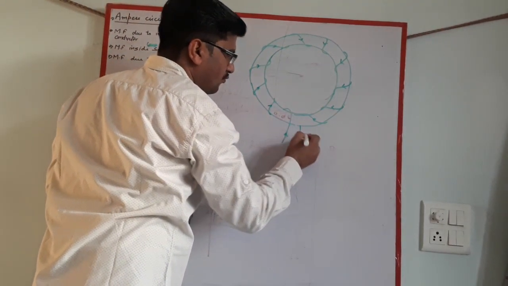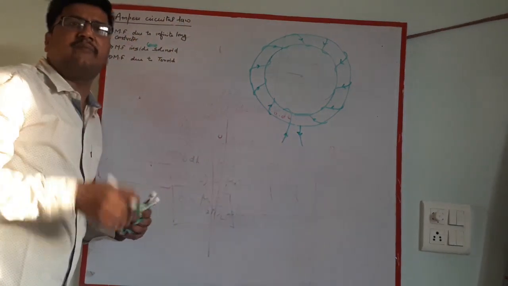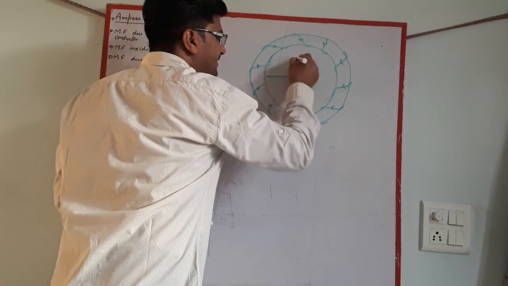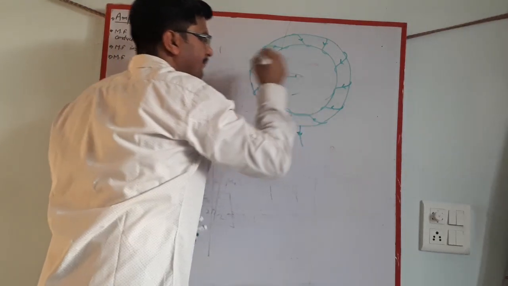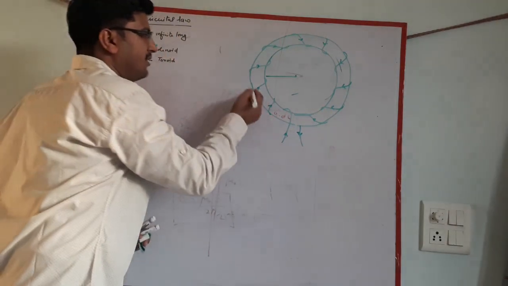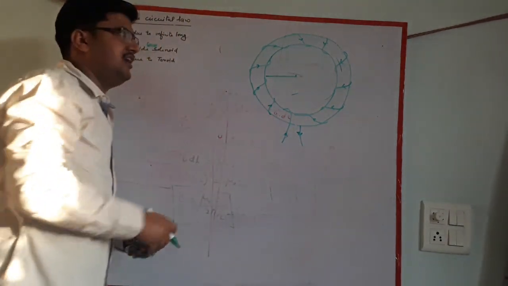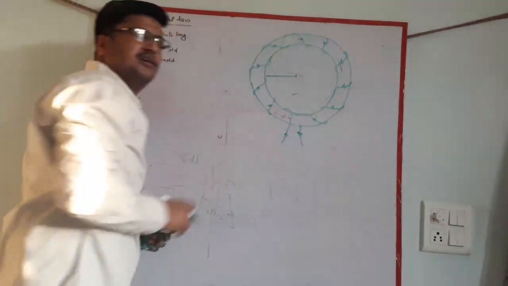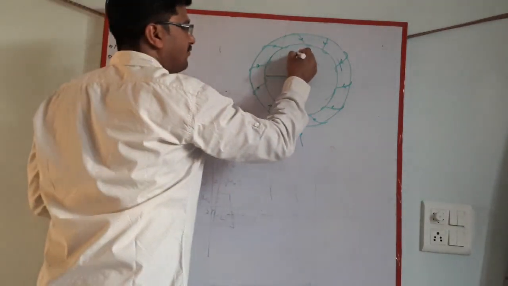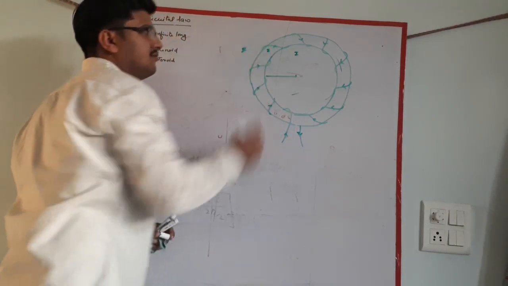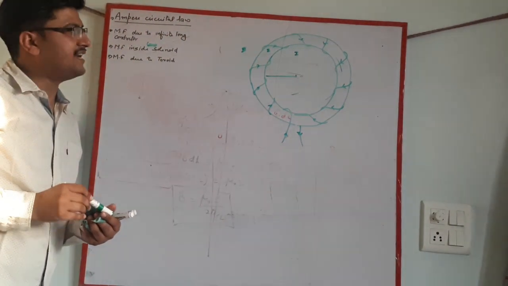And hence we see that there are three main regions. Number one, the free space inside the toroid's hole. Number two, the space inside the toroid, where the magnetic field is present. And number three, the outer free space.